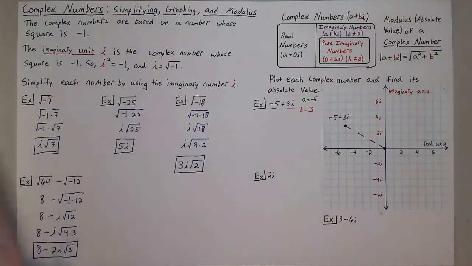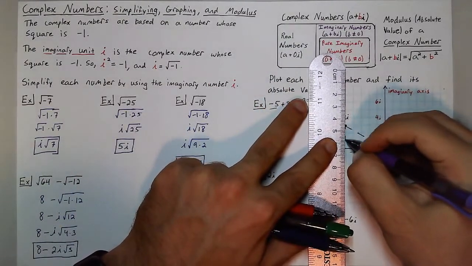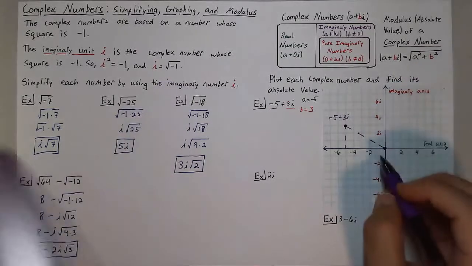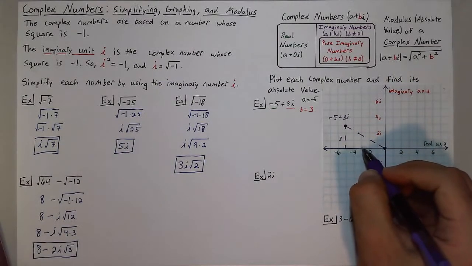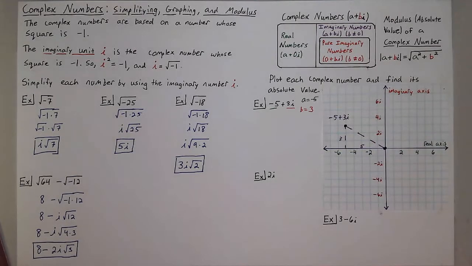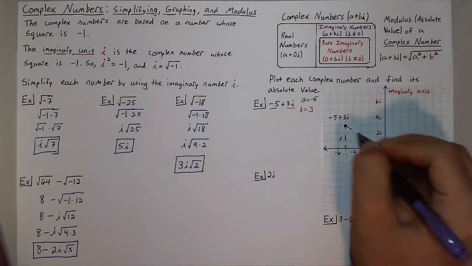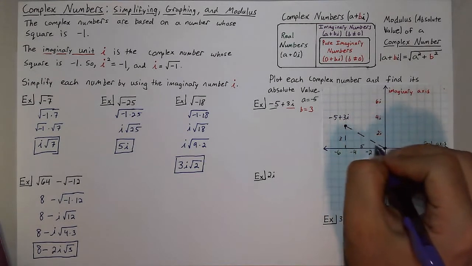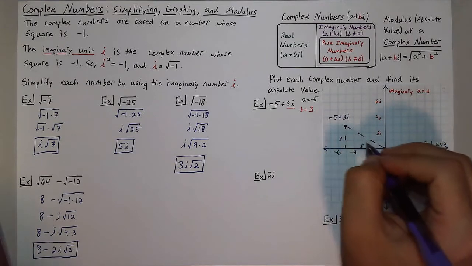If I'm trying to find this distance, I could use a right triangle, labeling this side here as 3, this side over here as 5, or negative 5 if you want to include that. And I could use the Pythagorean theorem to find this hypotenuse, which is the length from the point to the origin, which would represent that absolute value.